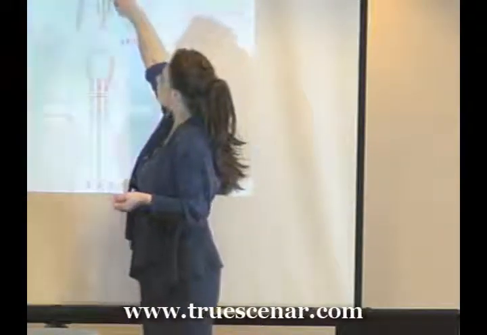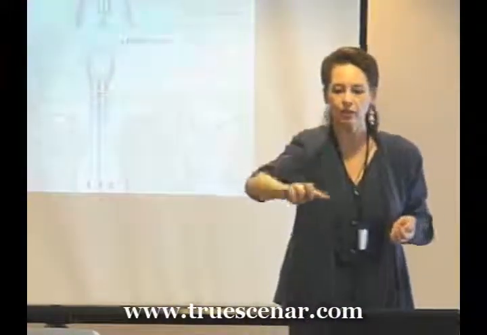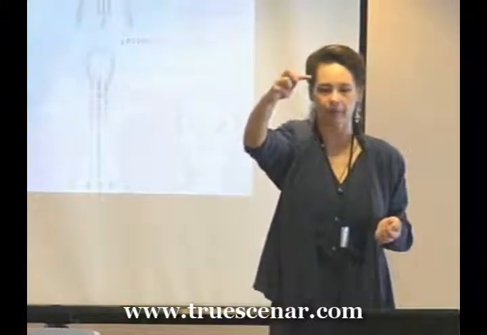We start below C7, we go all the way to the tailbone, just moving your machine down, and then we go to the neck and we finalize on the neck. So we're making a loop which does not cover C7. You start below C7, you go up, you finish above C7.